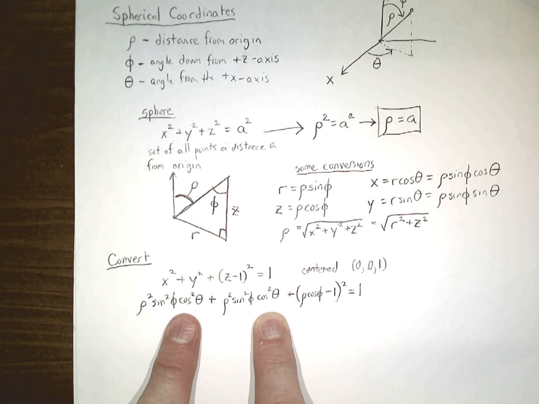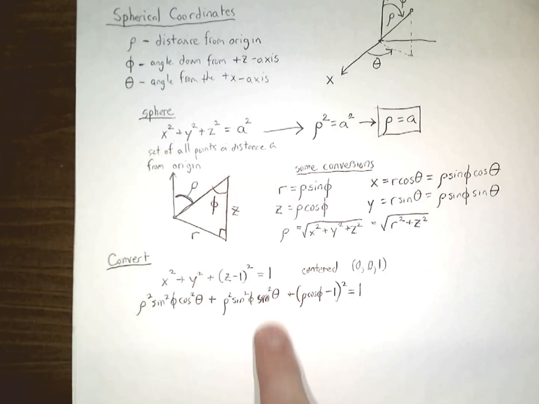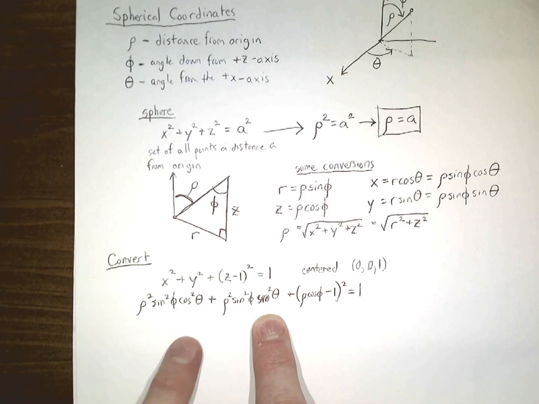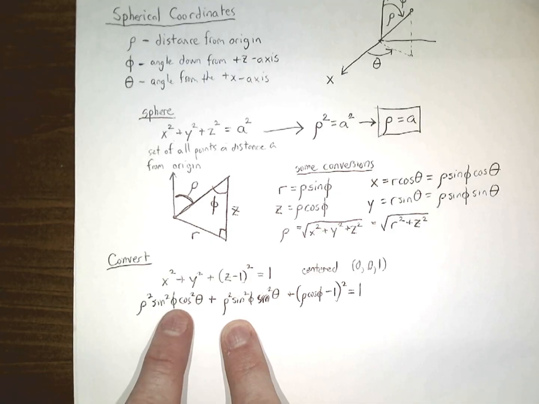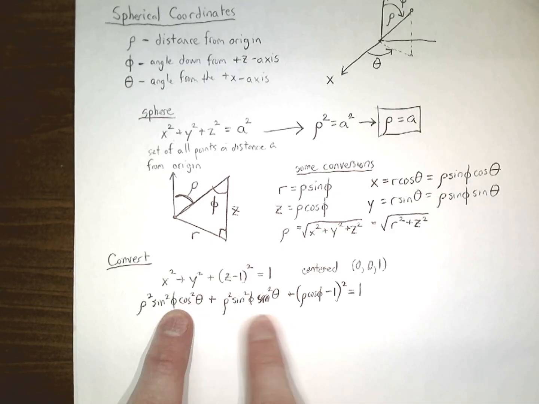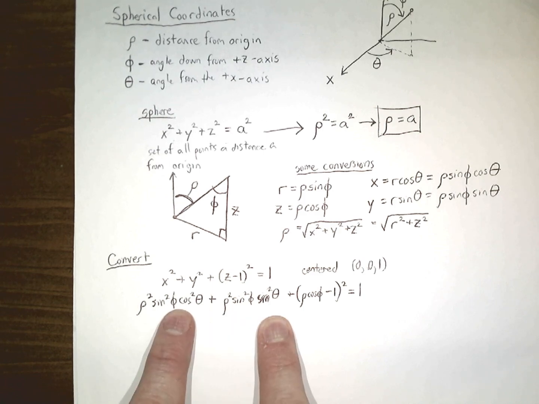One interesting thing we can see here is that we have the same coefficient, rho squared sine squared phi, times cosine squared, then sine squared. We can factor out the rho squared sine squared phi. We're left with cosine squared plus sine squared, which is just 1.